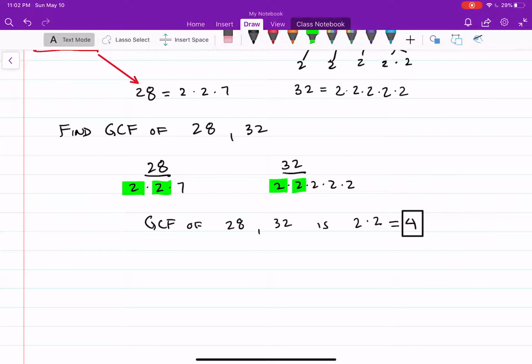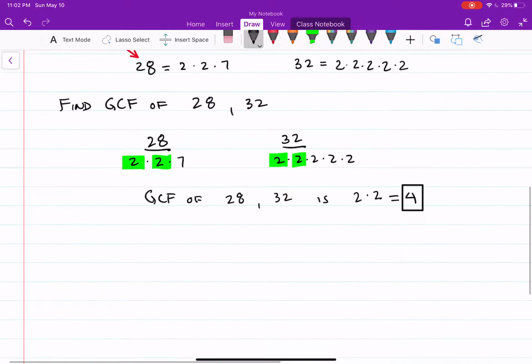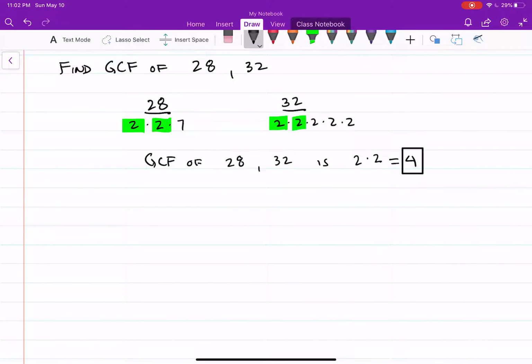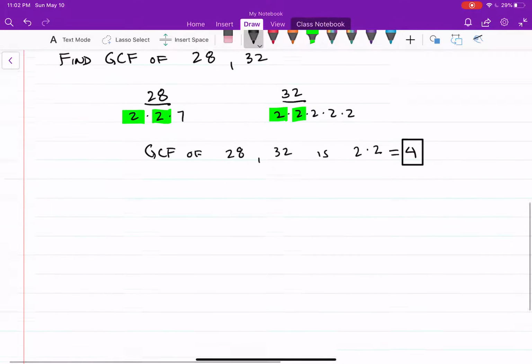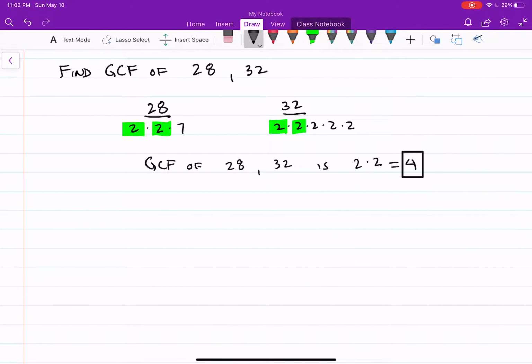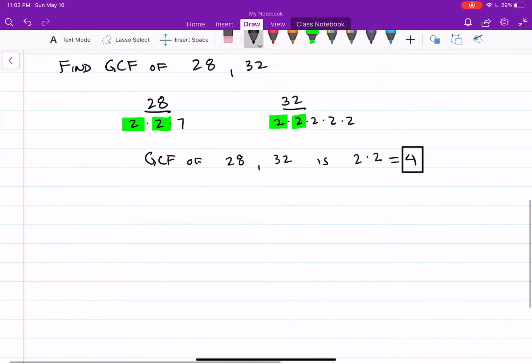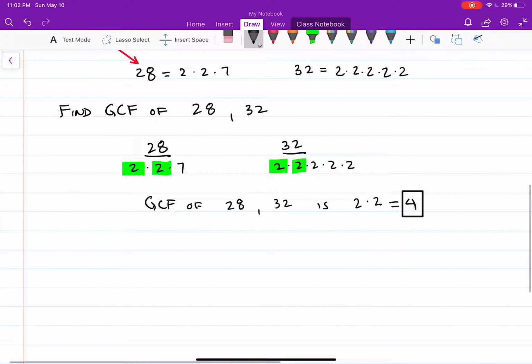There we go. All right. I hope that makes sense to you. So this is finding GCF with numbers, but with variables, it's easier.